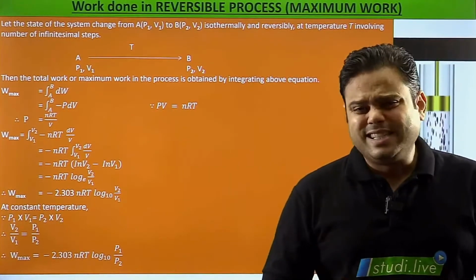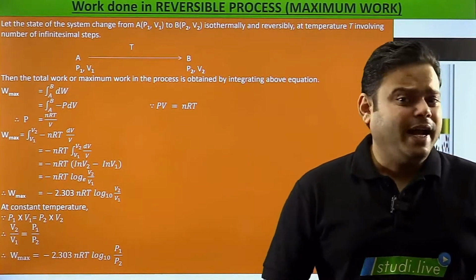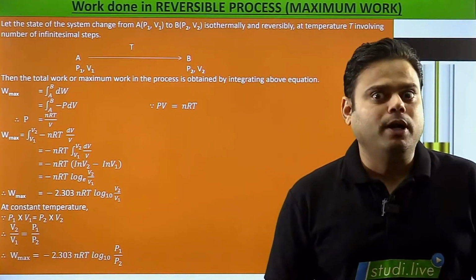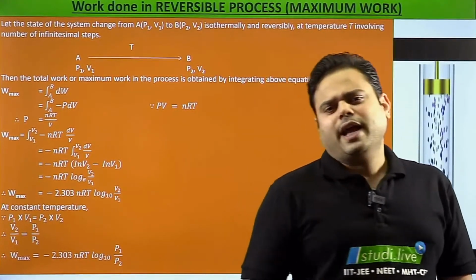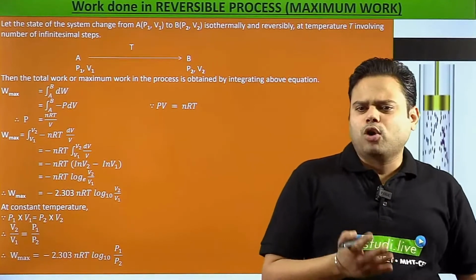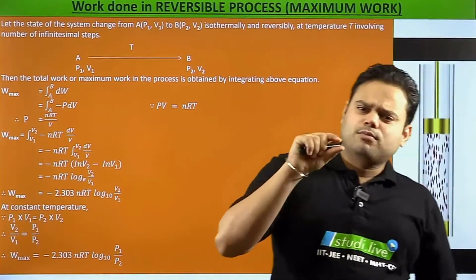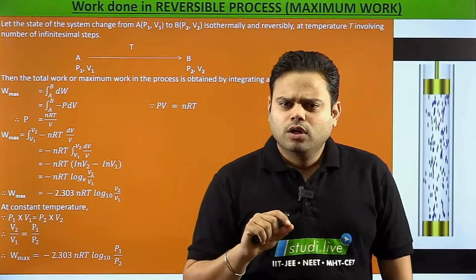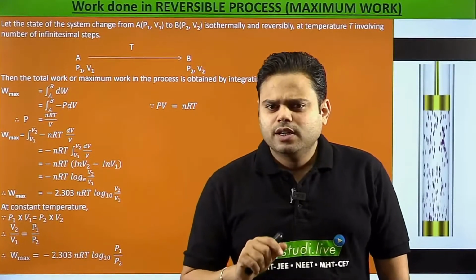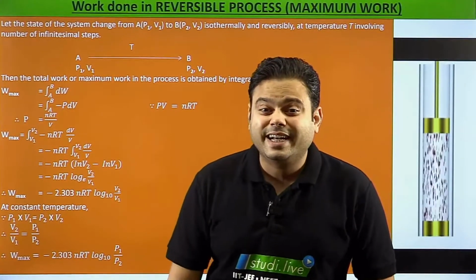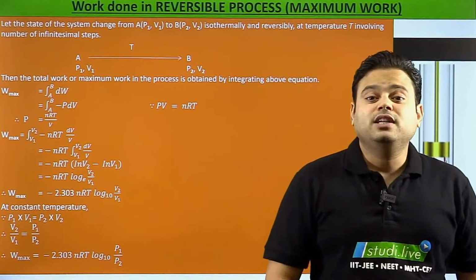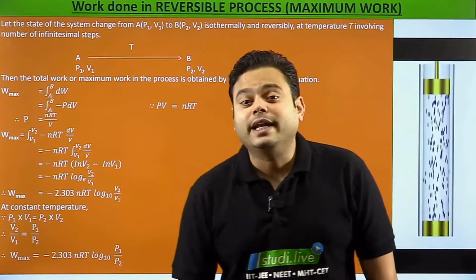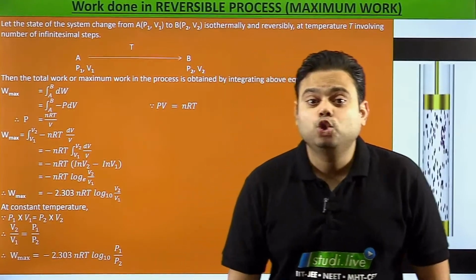Okay, and it is changing by n number of steps, multiple number of small steps. Okay, and in each step what is happening, the volume is decreasing by a small factor dV. Yes or no? So this dV upon V is the factor which will get integrated between the initial value V1 and the final value V2.